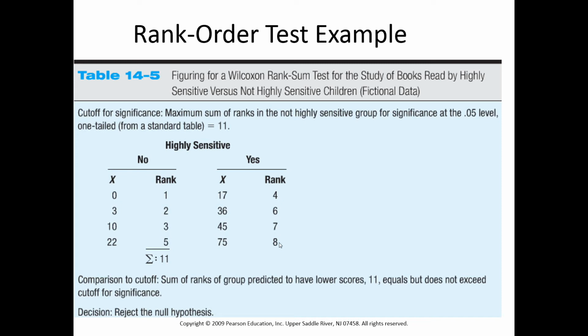Keep in mind that, for example, if one of those numbers were extremely high, for example if the student read not 75 but 175 books, it still wouldn't affect this test. Since this is ranked 8, whatever number it would be, higher than 45, it would have exactly the same effect.